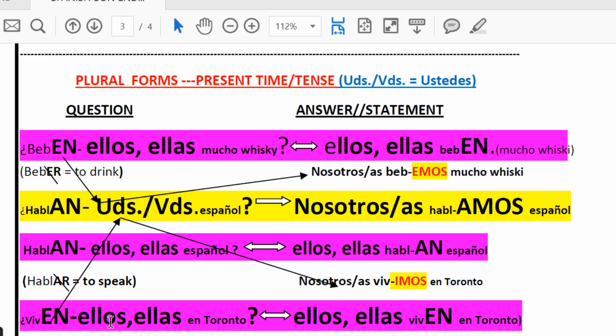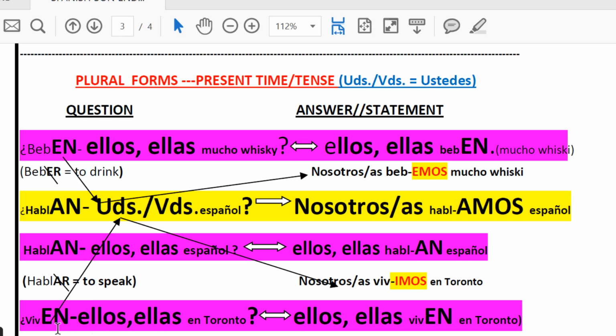And let's go back to viven ellos. If you were asking a question about males, you would say, viven ellos en Toronto? And the reply would be, ellos viven en Toronto.